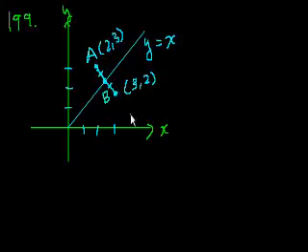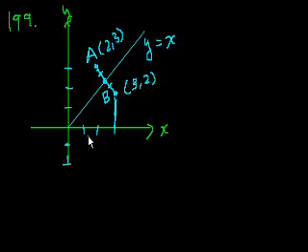And they tell us that the x-axis is a perpendicular bisector of segment BC. Okay, so the x-axis is going to be perpendicular to this new line. So this new line has to be parallel to the y-axis, right? So this new line is going to go like that. And whatever the distance is between B and the x-axis has to be the distance between the x-axis and C, right?